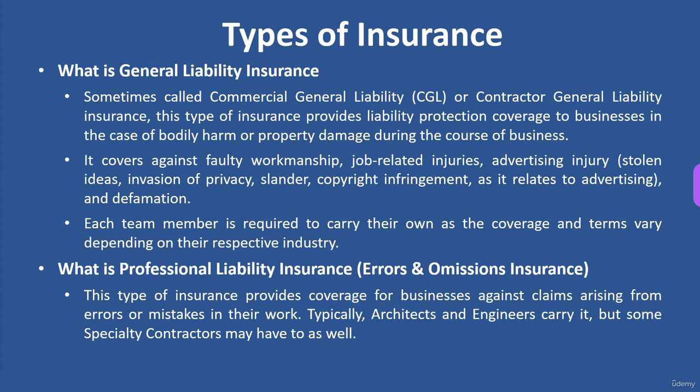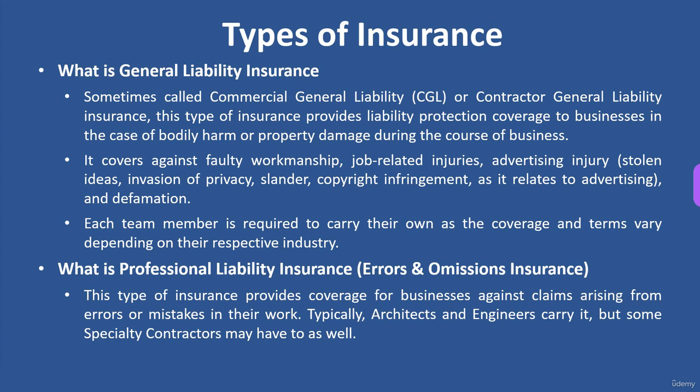Each team member is required to carry their own, as the coverage and terms vary depending on their respective industry. So each contractor and subcontractor has to have their own general liability insurance, and it can change. Obviously, what a plumber has to do is different than a painter.